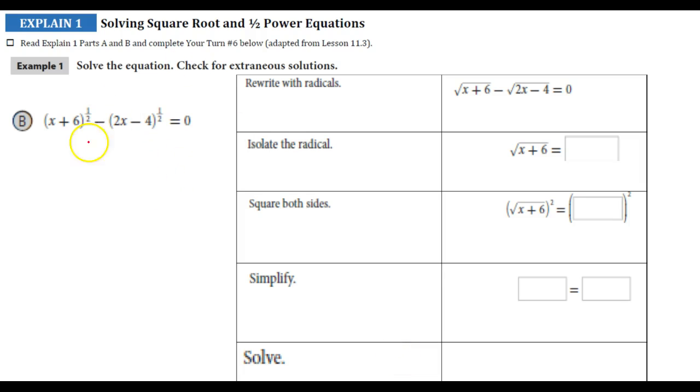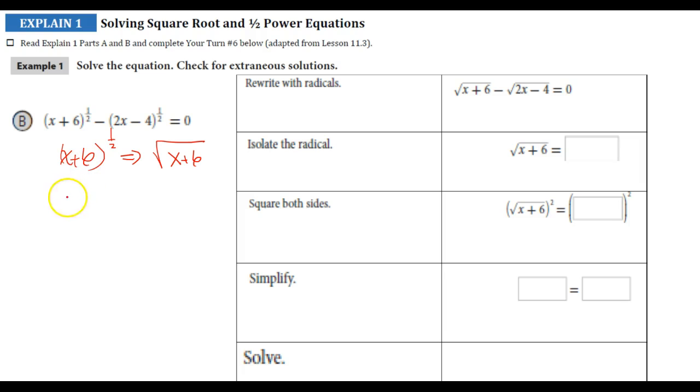So moving on to explain 1 part B. Here they give us this problem, x plus 6 raised to the 1/2 power minus 2x minus 4 raised to the 1/2 power. They ask us to rewrite using radicals. You'll notice here that they wrote x plus 6 to the 1/2 power as the square root of x plus 6.